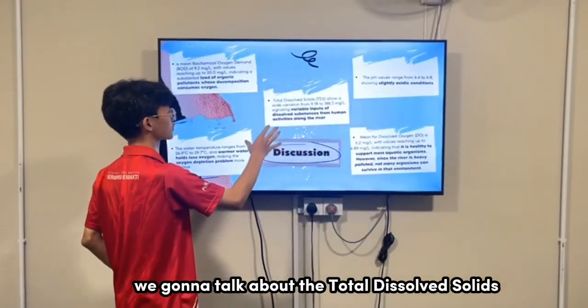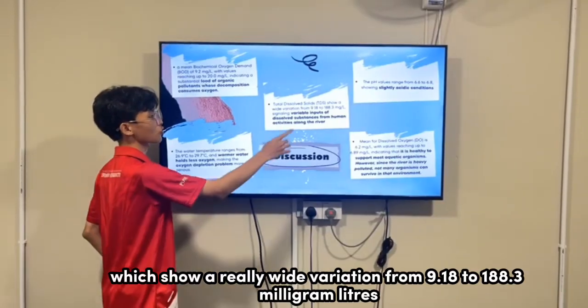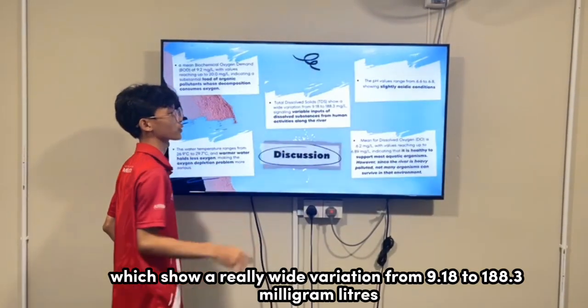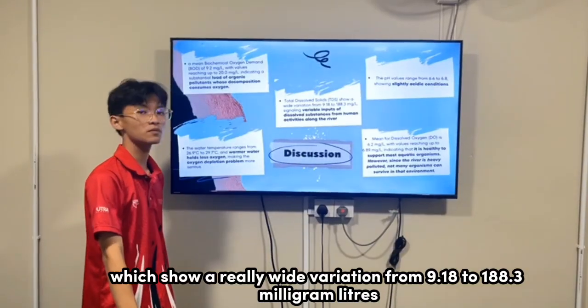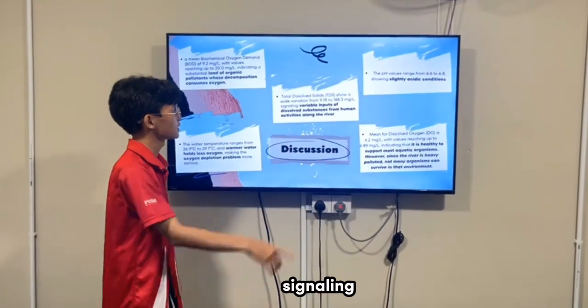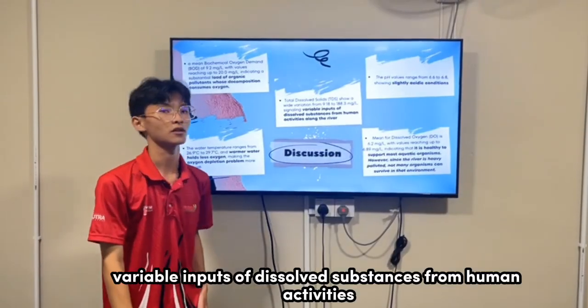Moving on, we talk about the total dissolved solids, which show a really wide variation from 9.18 to 188.3 milligram per liter, signaling variable inputs of dissolved substances from human activities along the river.